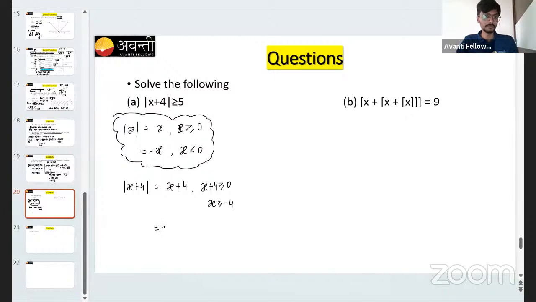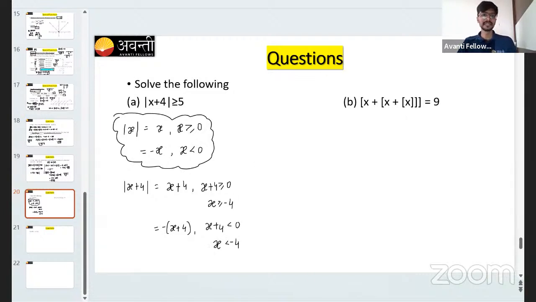And it will be equal to minus x plus 4, please don't make a mistake here of putting the bracket, if x plus 4 is less than 0, meaning x is less than minus 4.